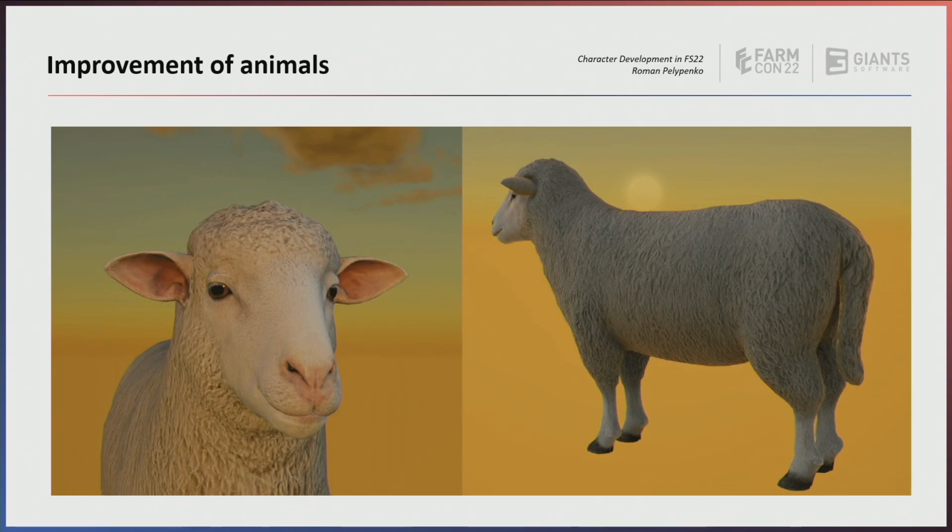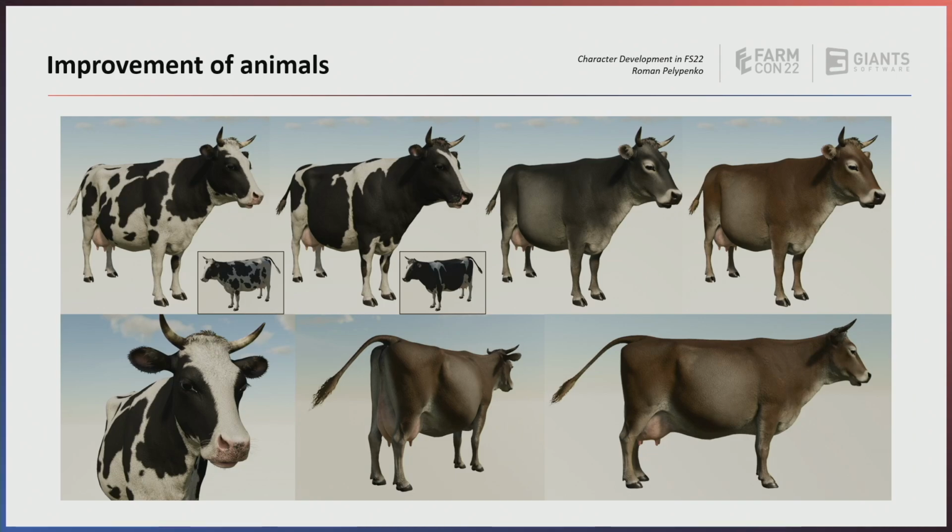With other animals we want to have the same pipeline, but some animals have less fur. For example, the cow. With the cow, we try to improve mostly our texture, but we also want to use some additional fur and hair. So we added mustaches on the face, hair on the top of the head, just to break the silhouette a little and make it not so soft and rounded.